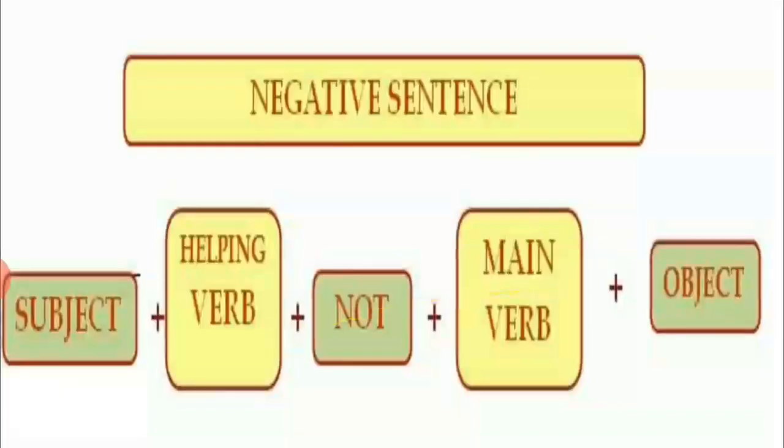So, negative sentences are typically formed by adding the word not after the helping verb. The most popular helping verbs are the forms of to be, including am, is, are, was, and were.